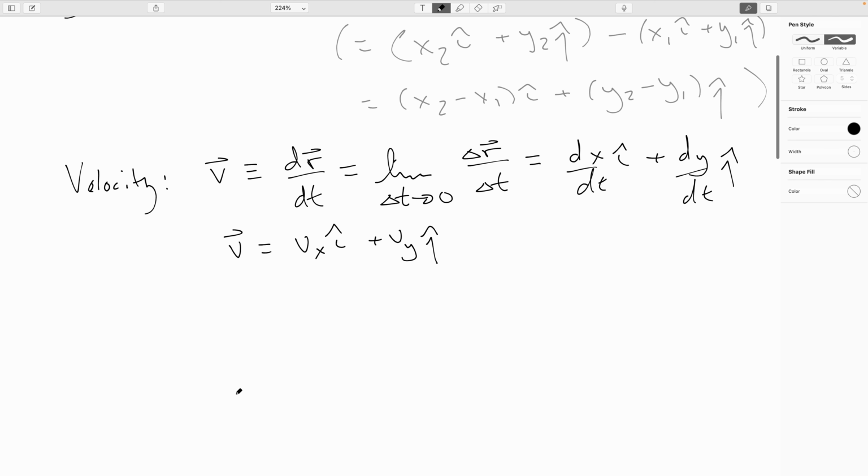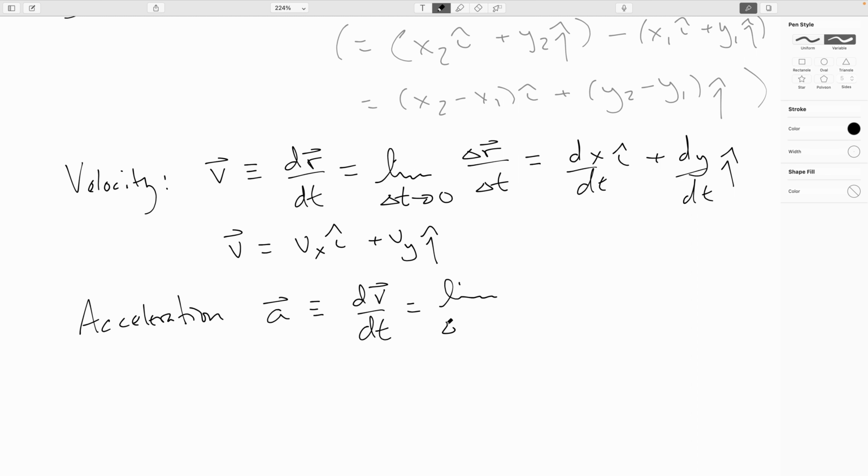And we get acceleration by the exact same kind of argument. Remember, that was defined to be the derivative of velocity with respect to time, which again is the same deal here. This would be a limit as time intervals go to 0 of changes in velocity with respect to time. The exact same logic happens.